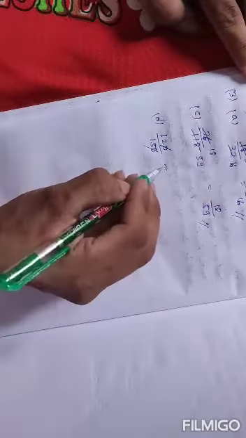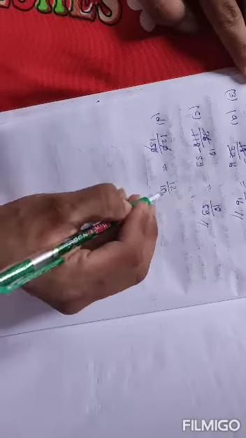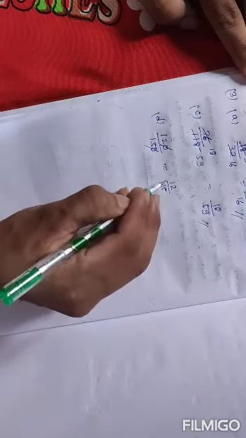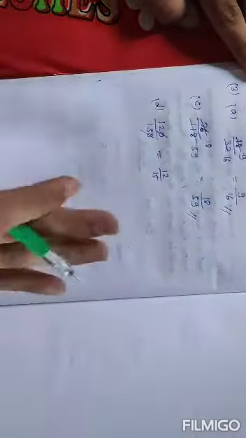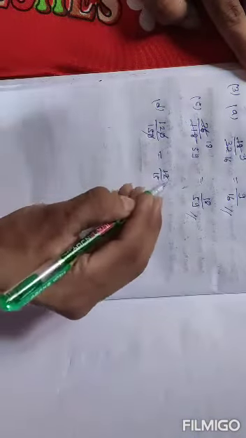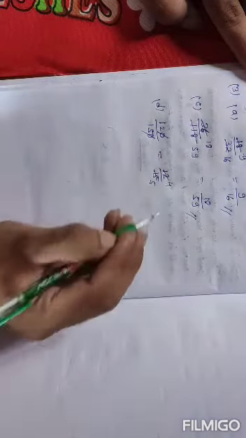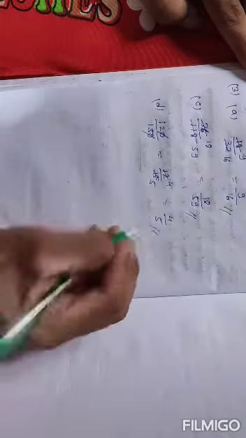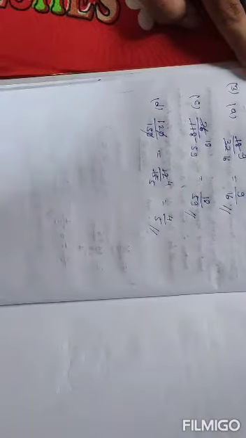So you will get 12 by 15. Is this the lowest form? No, because 12 and 15 have one more number which divides both, that is 3, because 3 4s are 12, 3 5s are 15. So the lowest form is 4 by 5. This is the answer.